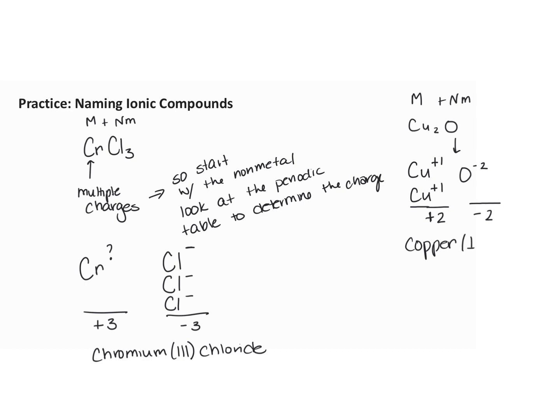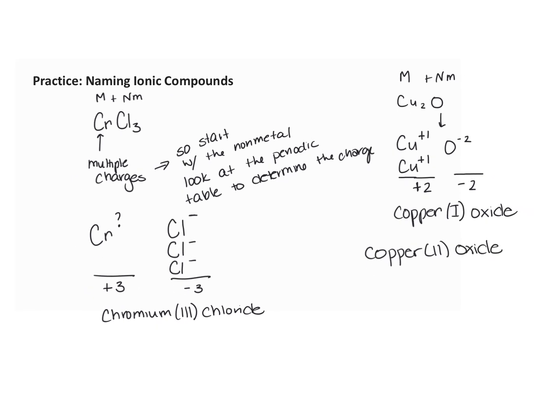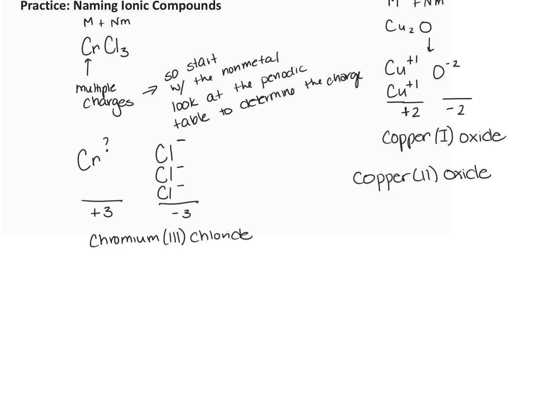So that then is copper 1 oxide, just like that. Now, if you have the Roman numeral and you're going from the name to the complex, this is awesome because you look at this and you say, hey, look, copper, it gives you the charge is +2.